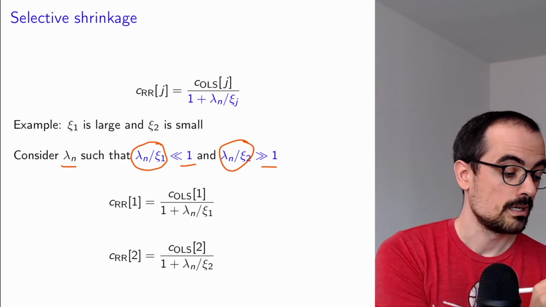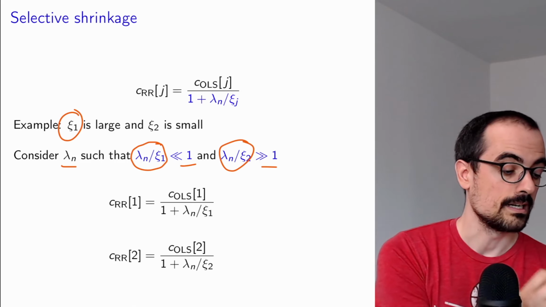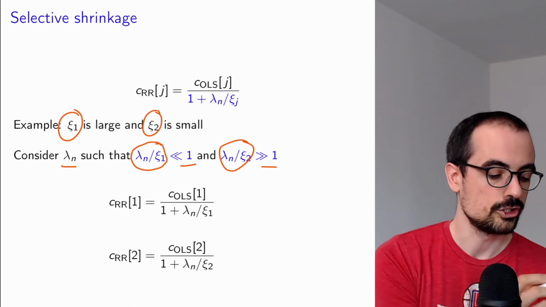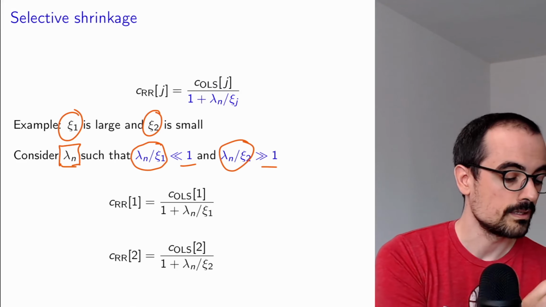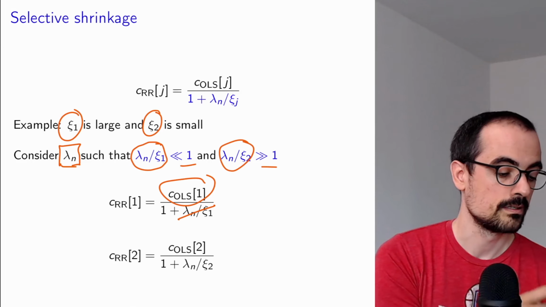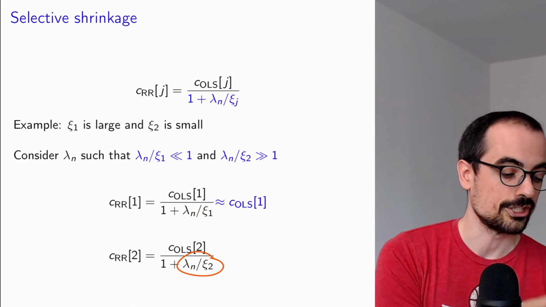Because xi1 is very large, so 1 over xi1 is small, and xi2 is small, so 1 over xi2 is large. So it should be possible to find such a lambda. Then the first coefficient, because this guy is very small, so it doesn't count, essentially stays the same. And the second coefficient, because this guy is so large, is squashed.